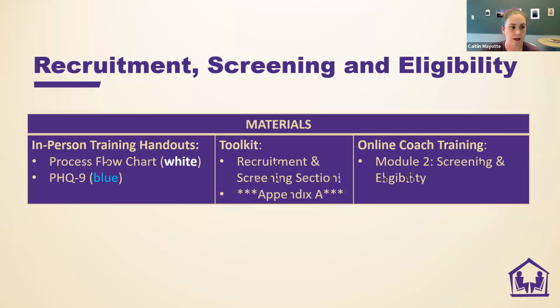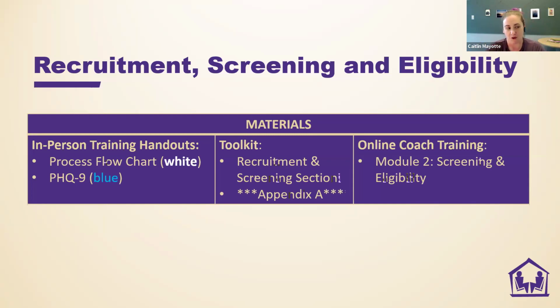Okay. All right, so for the recruitment, screening, and the eligibility, this is where you would refer to, in an in-person training, the process flow chart, which is a white handout, and the PHQ-9, which is a blue handout. The colors are arbitrary. We color-coded them a million years ago, and these are the colors that our office had on hand.